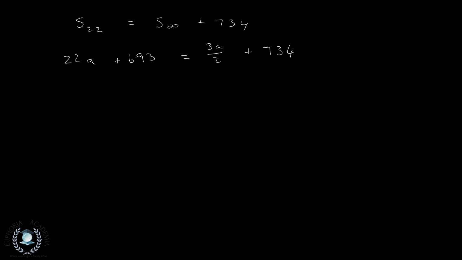Now, if we take this 3a over 2 to the left hand side, we get 41a over 2, and that will be equal to, if we subtract this 693 from 734, 41. Therefore, our a, which is our first term, is going to be equal to 2.